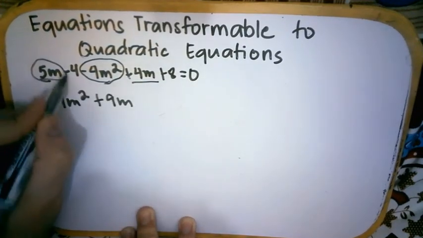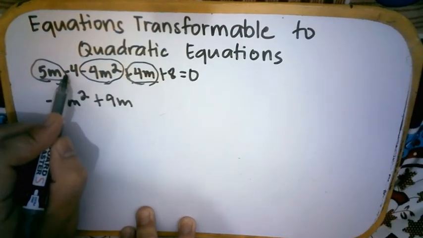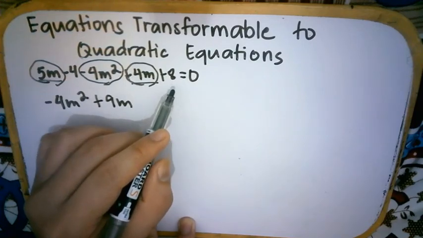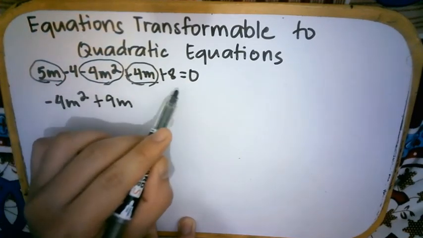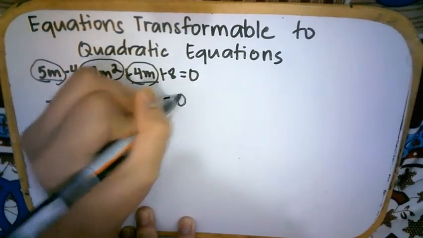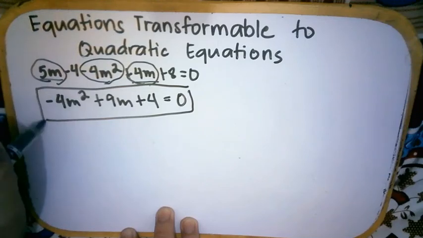So, we are done with the variable with m. And last one are those with those numbers alone or constant. We have negative 4 and then positive 8. If we are going to combine them, negative 4 plus 8, we will have plus 4 and then equal to 0. And this will be our final answer.